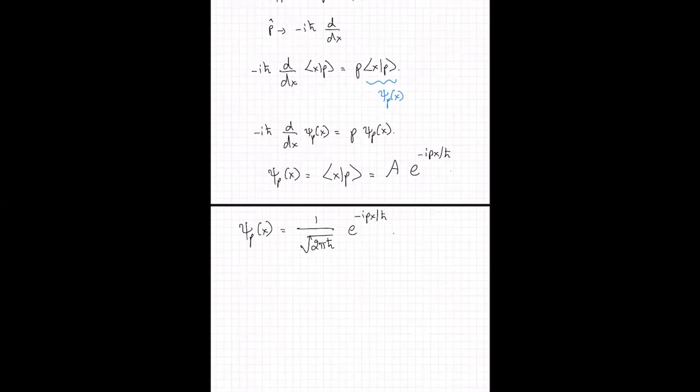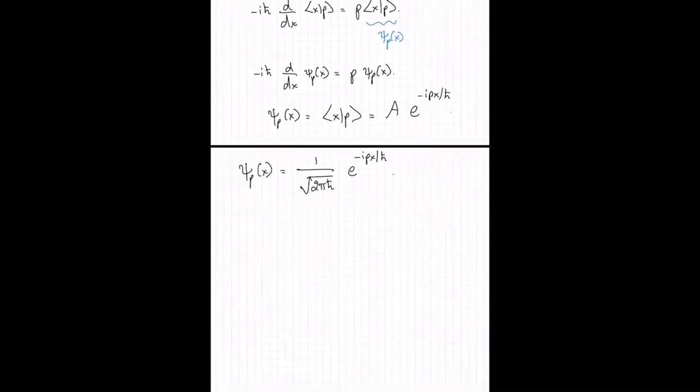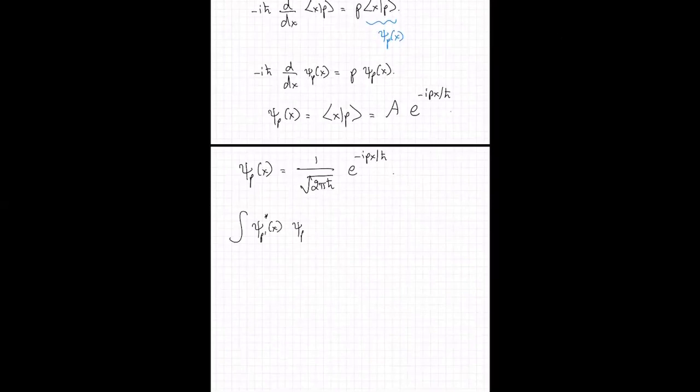And with this choice of the normalization constant, my orthogonality works in this particular fashion. The integral of psi_p' star of x, psi_p of x dx, from minus infinity to infinity, is basically delta of p minus p'. Okay.